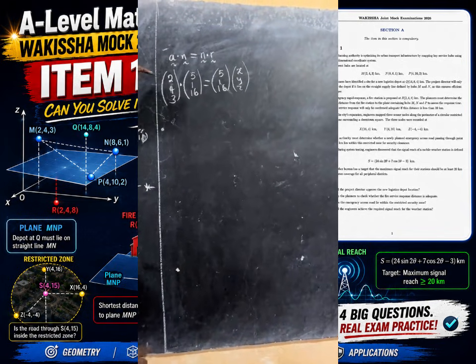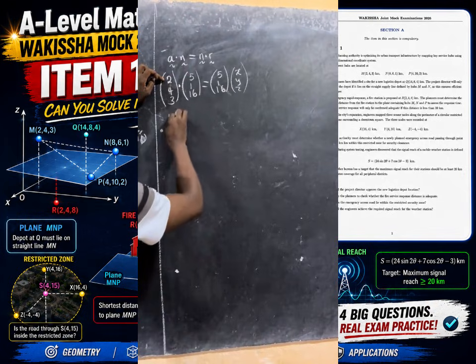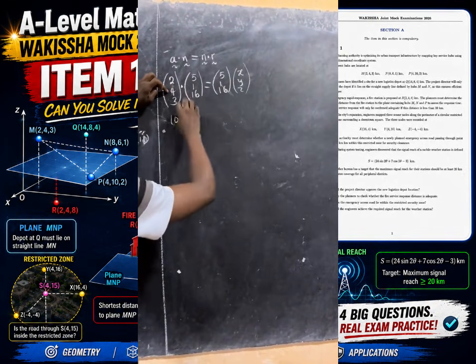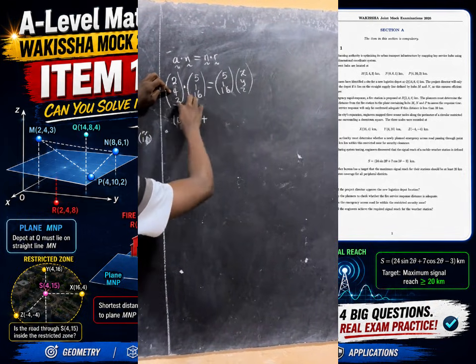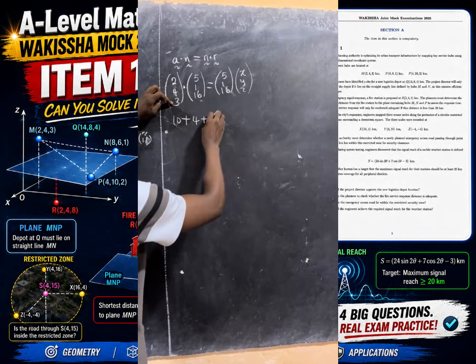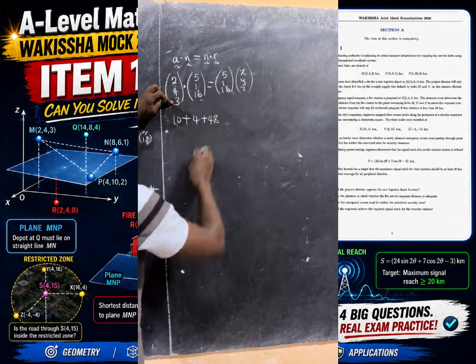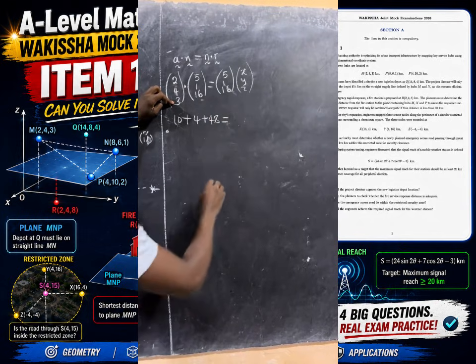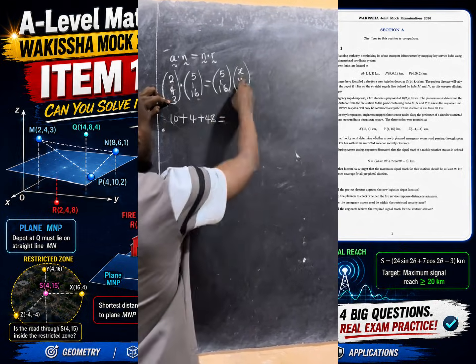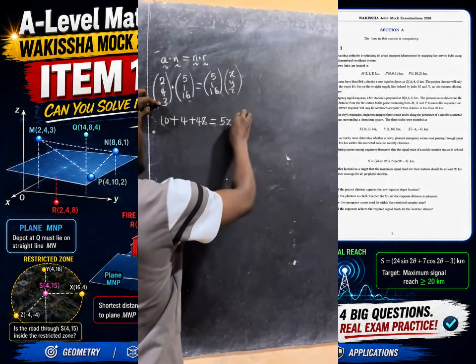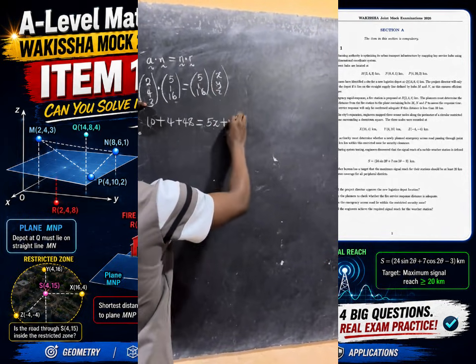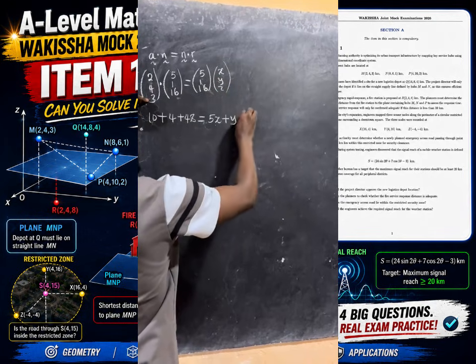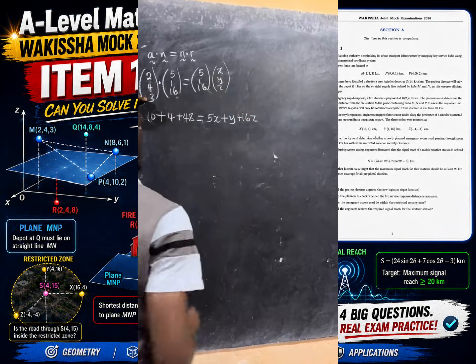When I multiply 2 times 5, I get 10, plus 4 times 1, I get 4, plus 3 times 16, that is going to be 48, is equal to 5 times x, that is 5x, plus 1 times y, plus 16 times z, 16z.